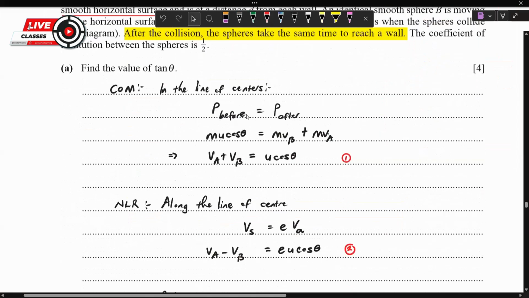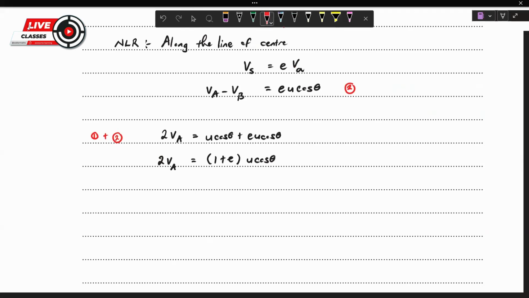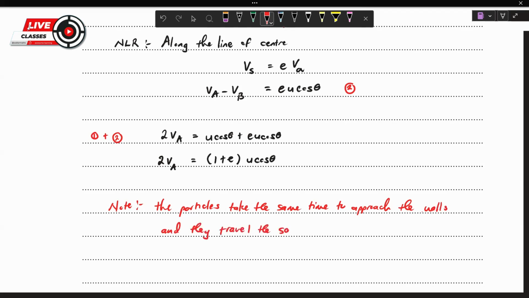So essentially, what I'm saying here is we should take note that the particles take the same time to approach the perpendicular walls, and they travel the same distance.